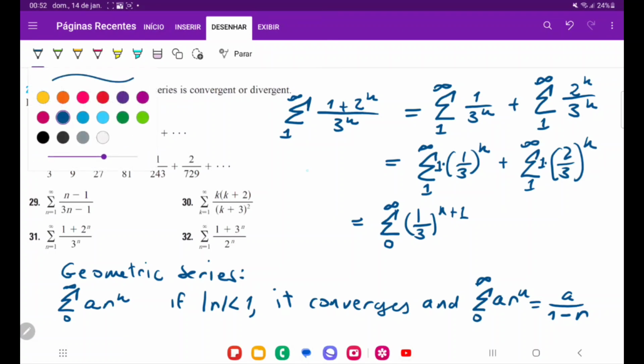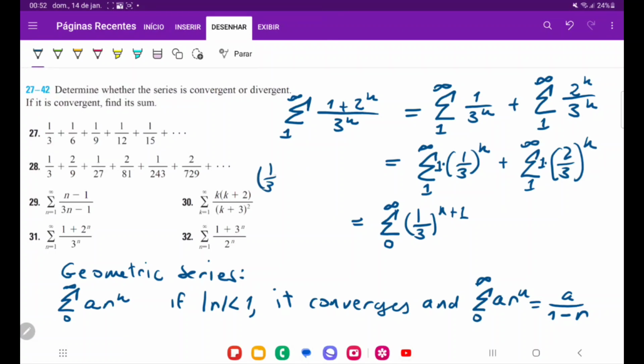So all we have to do here is remember that (1/3)^(n+1) is the same thing as (1/3)^n times 1/3, right? We can decompose this power into a multiplication. So that's what we're going to do. I'm just going to rewrite this. That's 1/3 times (1/3)^n.